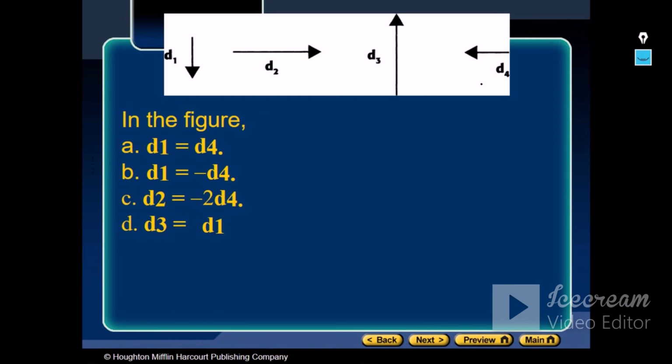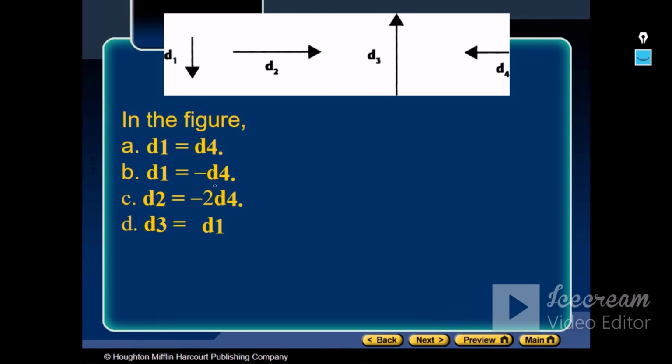They are in different directions. Maybe they are the same magnitude, but they are in different directions. Of course, they are not the same. d1 equals negative d4? That is d1, and that is d4. No, it will be different.